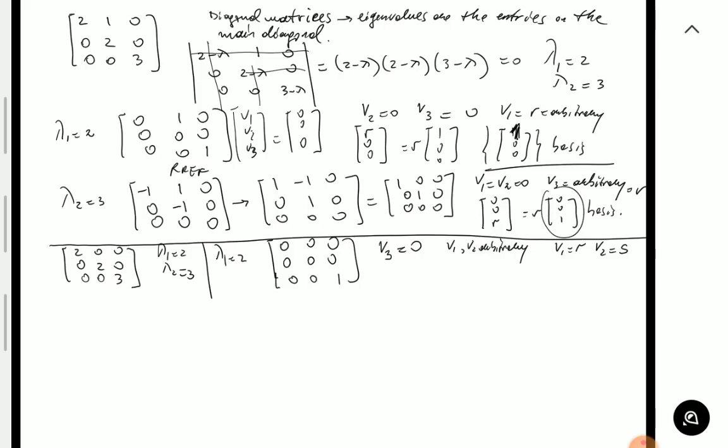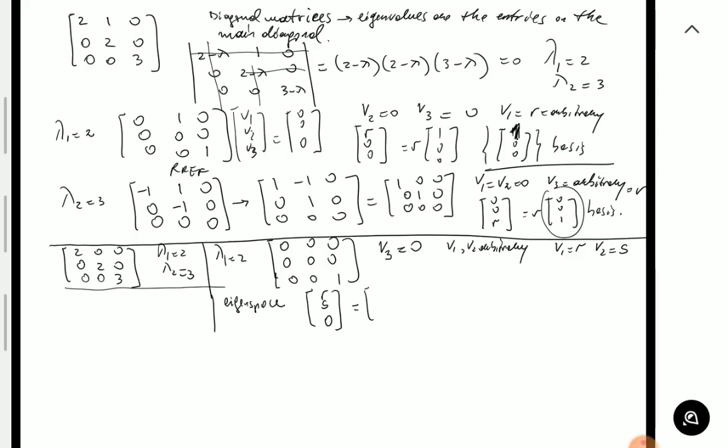So now the eigenspace corresponding to this eigenvalue is given by the vectors r, s, and 0. That means this can be written as a linear combination of two vectors.